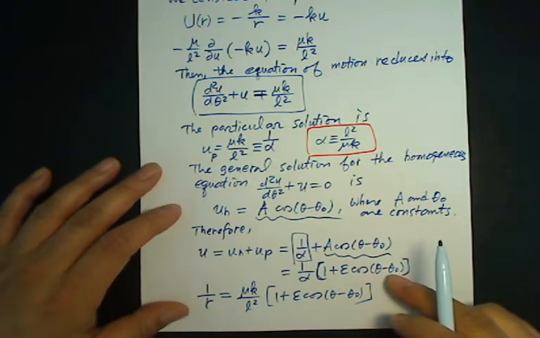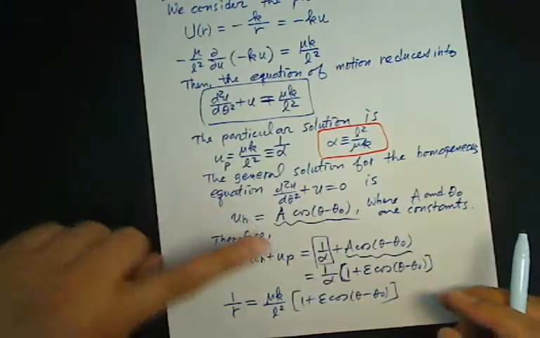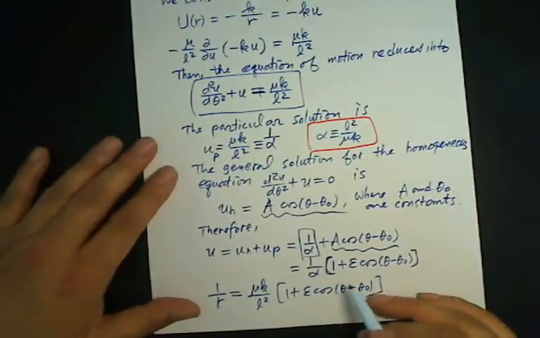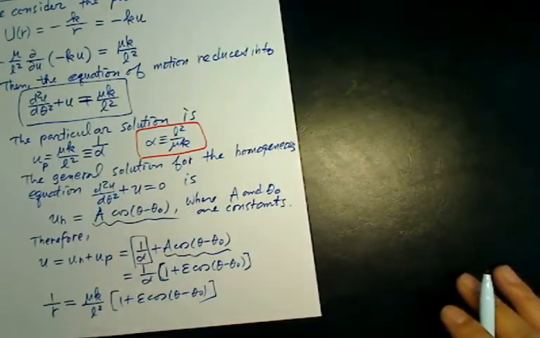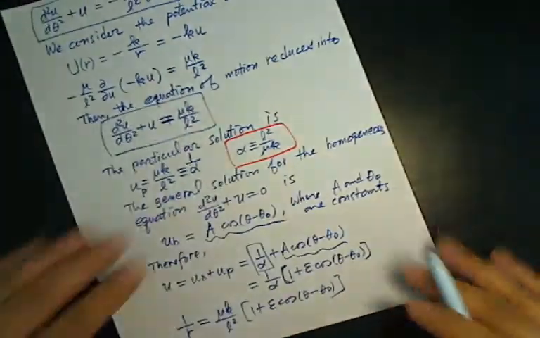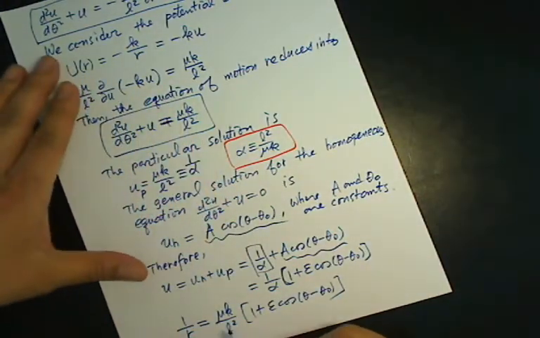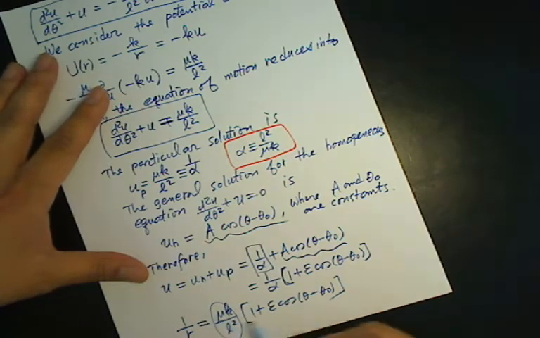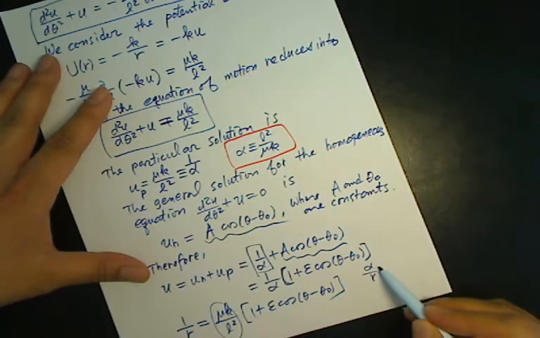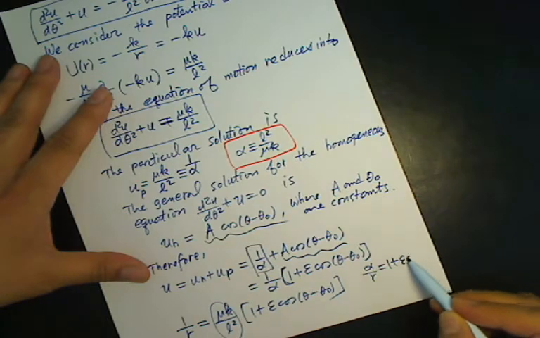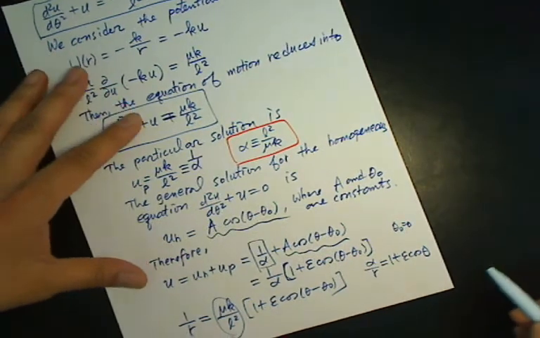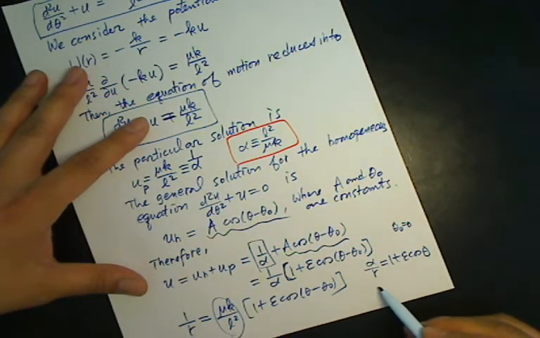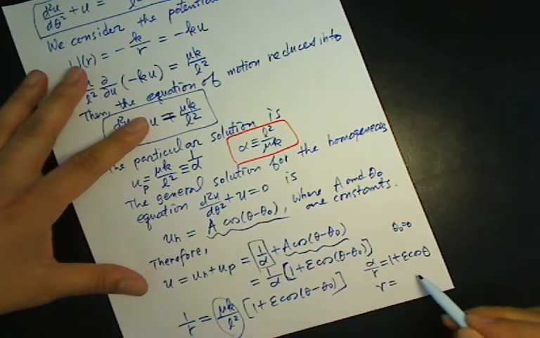This theta 0 can be chosen by changing the axis of symmetry. So alpha over r equals 1 plus epsilon cosine theta, if we set theta 0 equals 0. Or r equals alpha over 1 plus epsilon cosine theta.